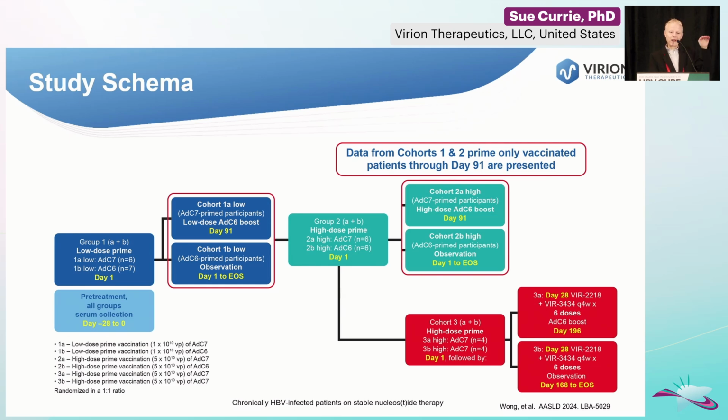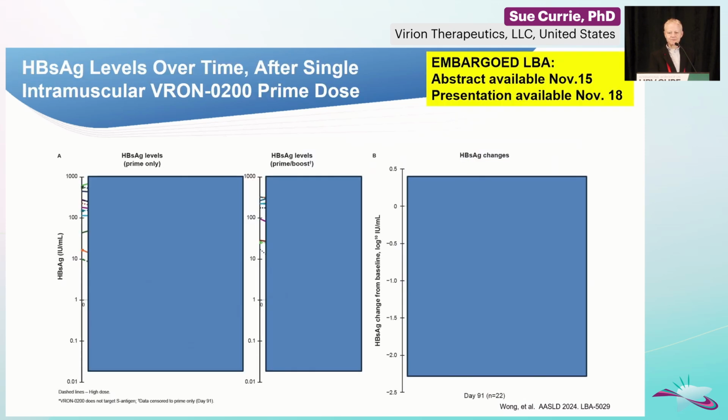So you're randomized like our other cohorts, and it's prime only for Virion 0200, followed at month 1 or day 28 by the monthly sub-Q bundle of 2218 and 3434 for 6 months. And then the folks that are randomized would get the Virion 0200 boost 1 month thereafter. So that's just recently started enrolling.